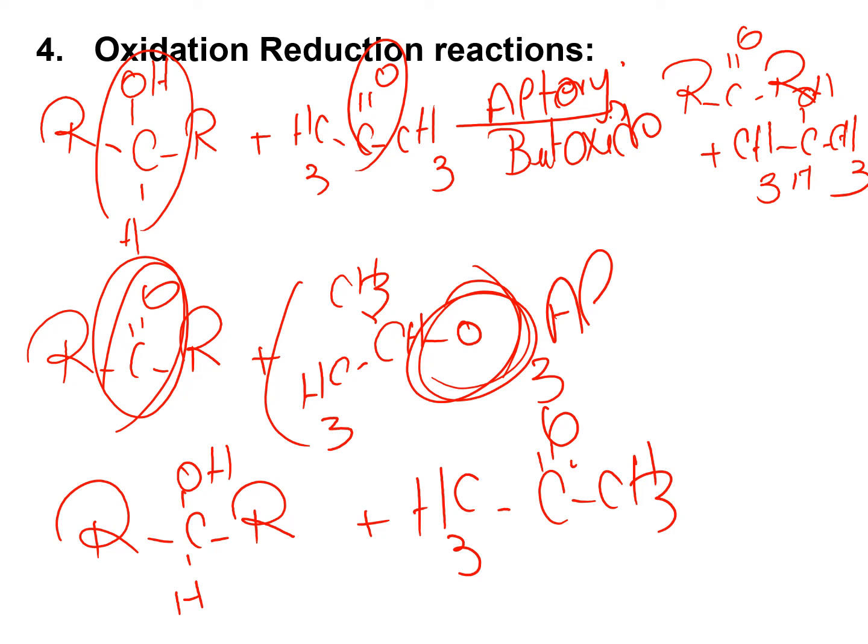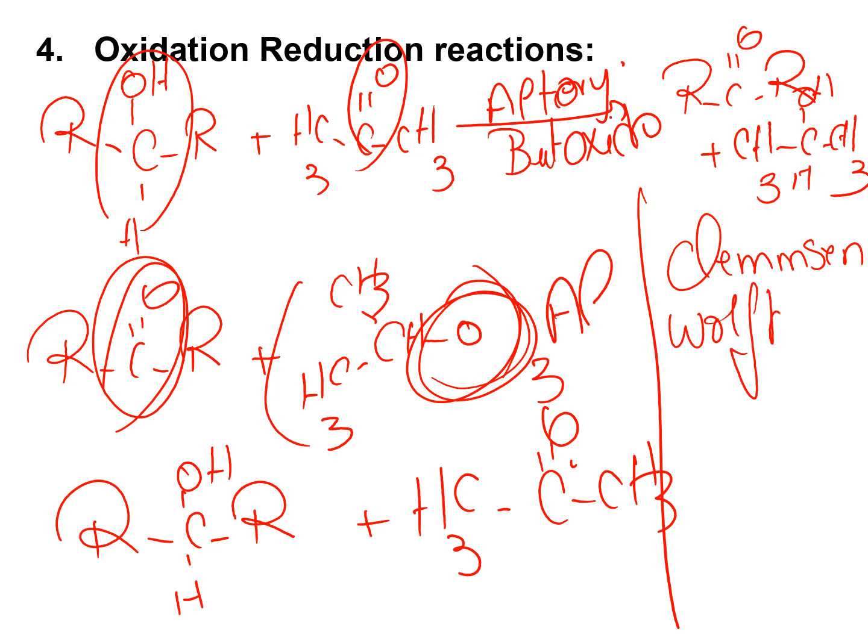Finally, we have one last type of reduction reactions. If you remember, we have what we called Clemmensen reduction, and the Wolff-Kishner reduction. The Clemmensen was a reaction where you used zinc, HCl, and mercury.